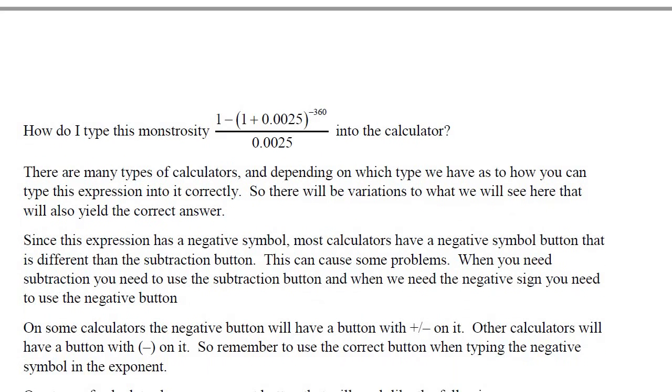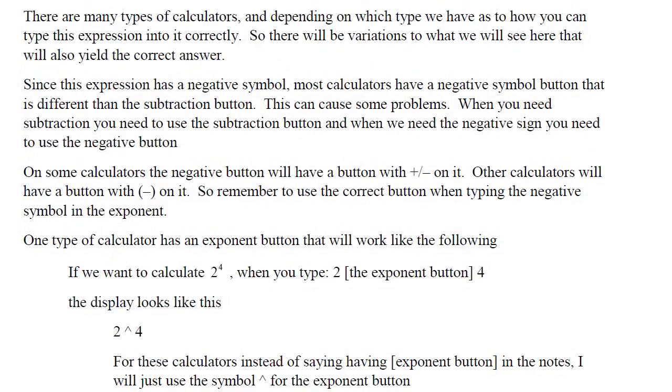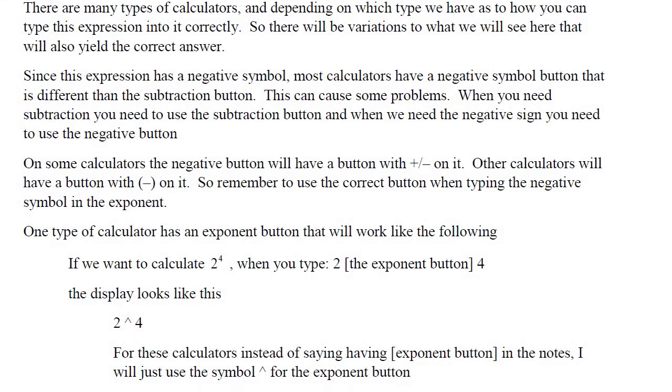Alright, so how do we type in that lengthy fraction? So again, notice we have to worry about our negative button. And we also have to worry about how our calculator does exponents.